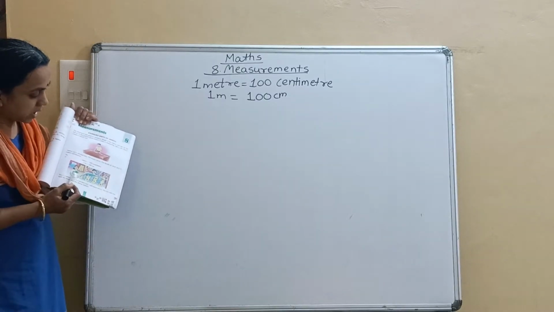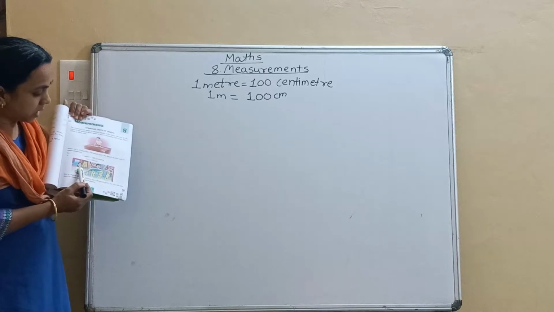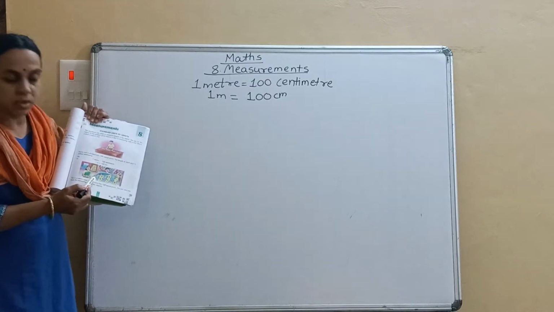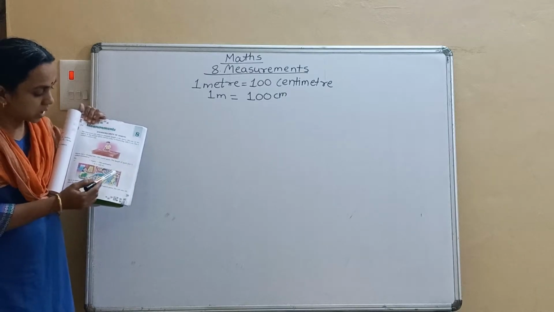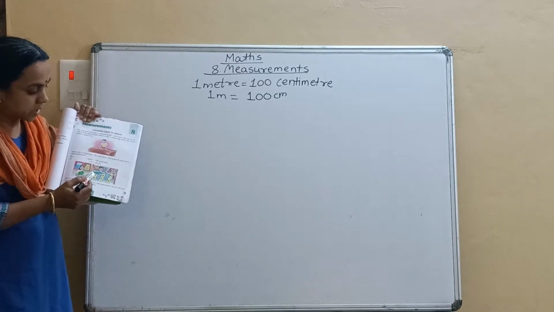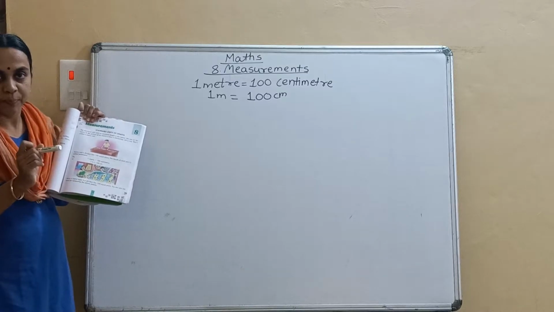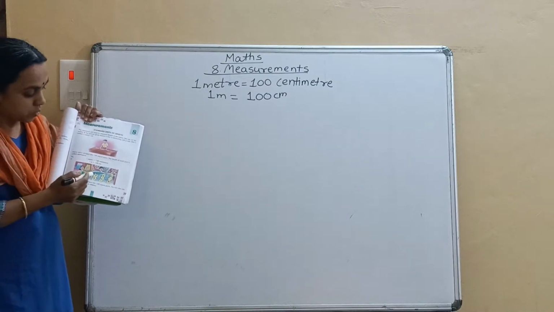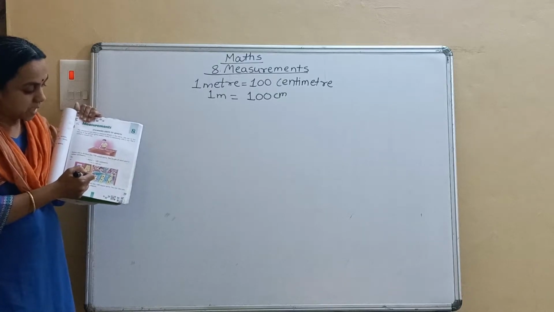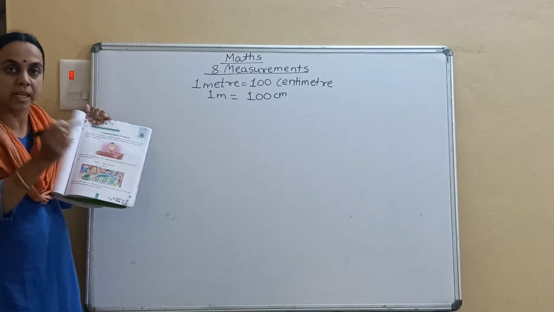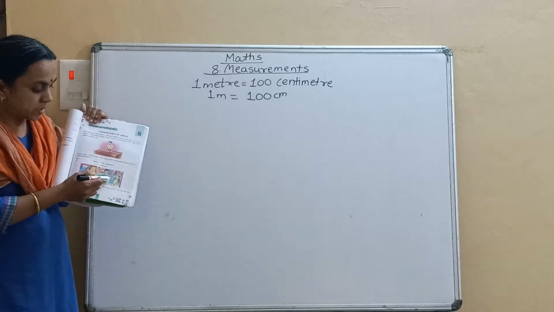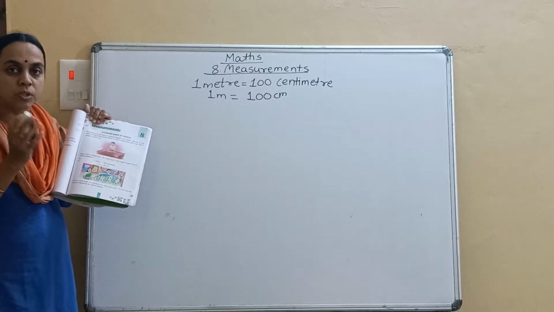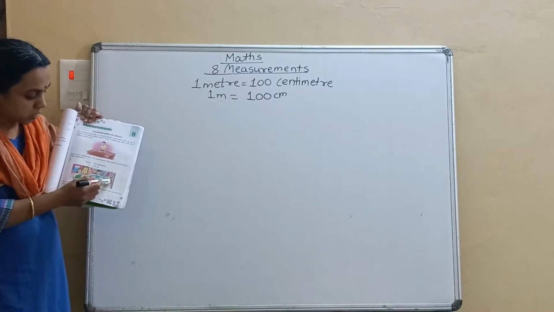You have to learn this unit. Now see what these people are doing here. They are measuring a cloth by this measuring tape. For measuring the cloth, the tailor uses this measuring tape. With the help of that measuring tape, they can measure how much that cloth is and how to stitch clothes from that cloth.